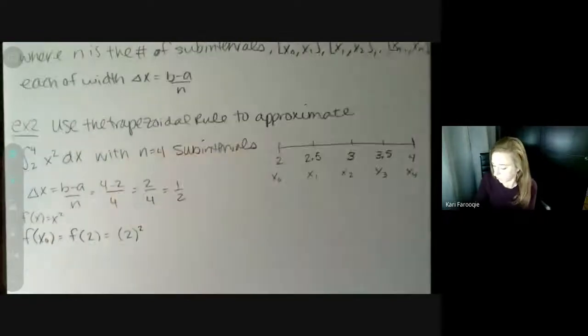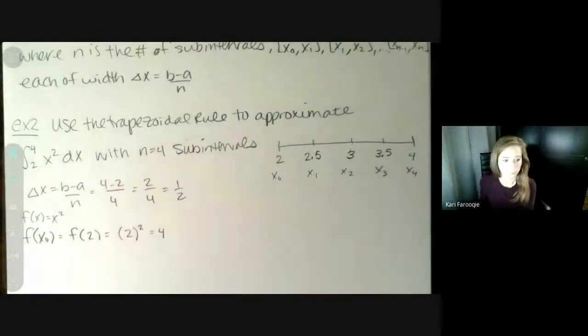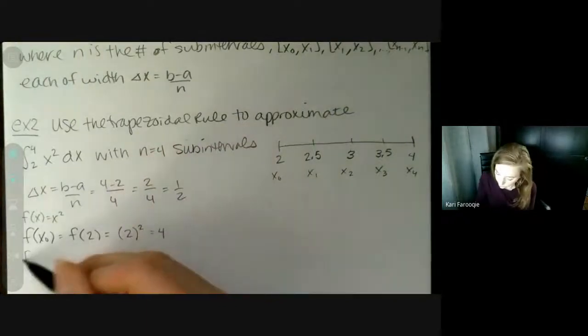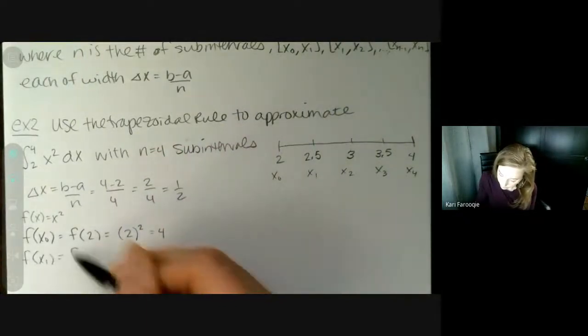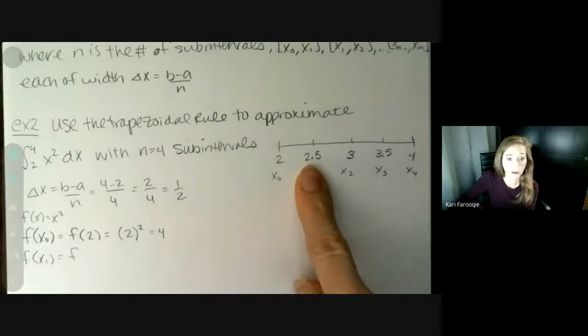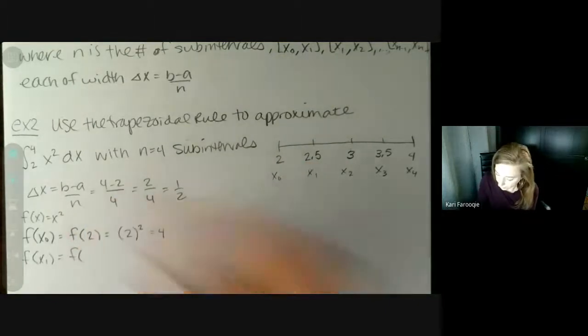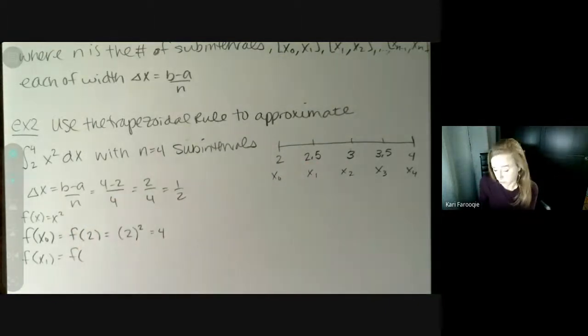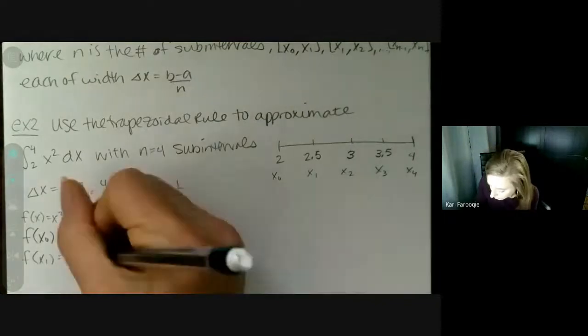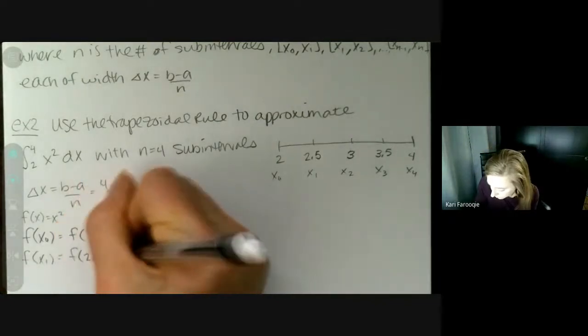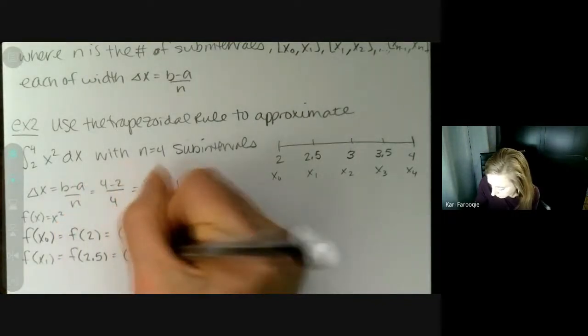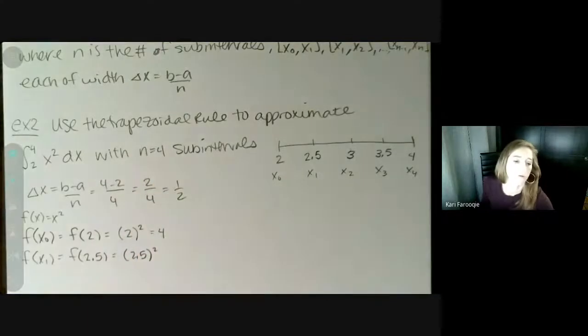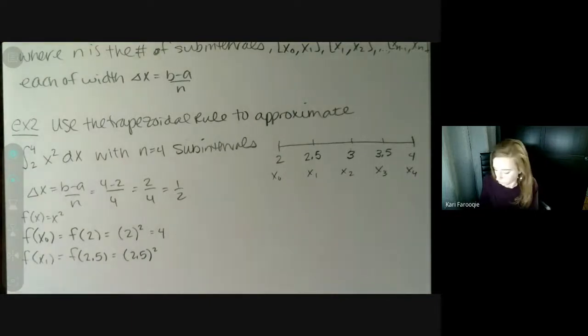Therefore, f of 2 would be 2 squared, which is 4. f of x sub 1 would be f of 2.5. Now, if you find this to be easier using fractions, fine. If you want to use the decimal, also fine. You decide. And then 2.5 squared as a decimal is 6.25.